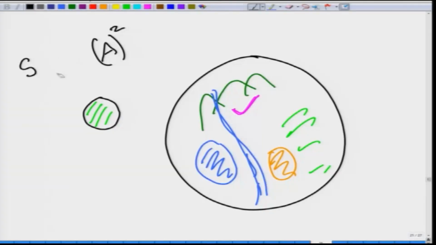Now, this proportionality can be removed and we can say that S is equal to C into A to the power z, where C is a constant, the constant of proportionality.